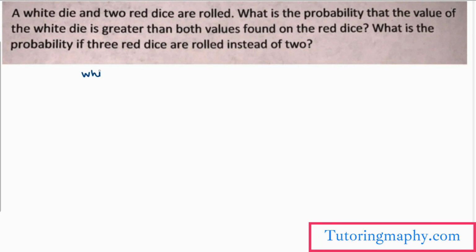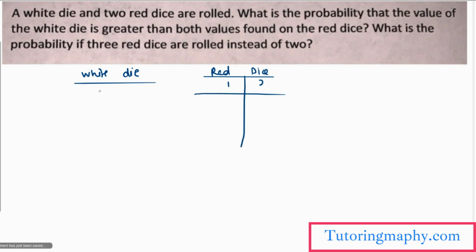if this is the white die, and these are the red dice, let's say this is dice 1 and this is dice 2. The white die can have a roll of 1, but 1 will not be greater than any of the numbers, because the minimum number anyway is 1, so 1 is not acceptable. But the white die can have 2, so that both of them will have 1.